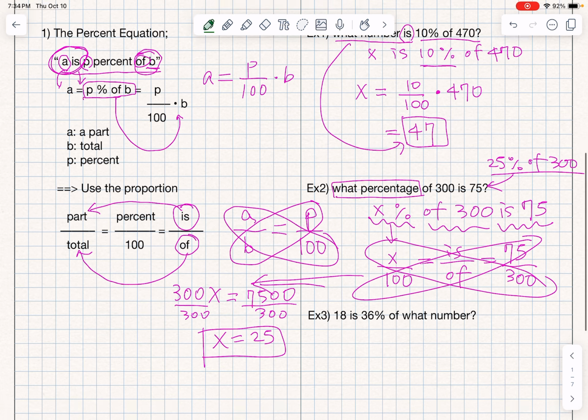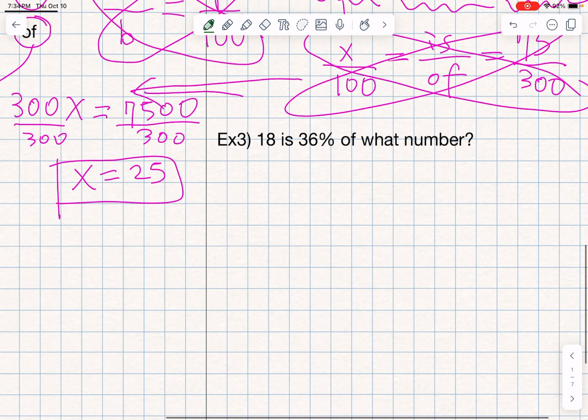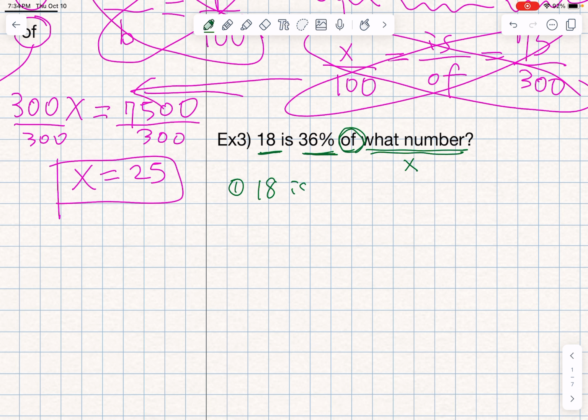Okay. And if you have 18 is 36% of one number. This time of one number is missing, so this one has a x. Then I can change it to the first percent equation method. 18 is 36% of x.